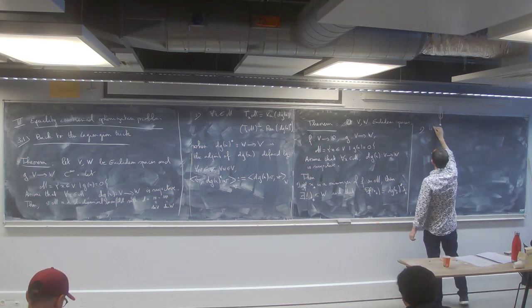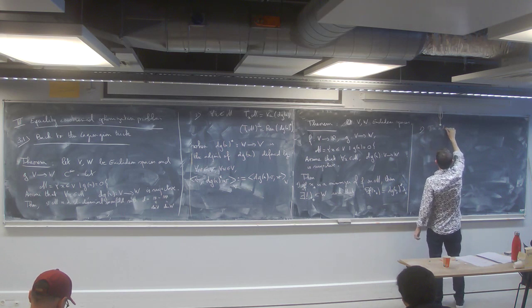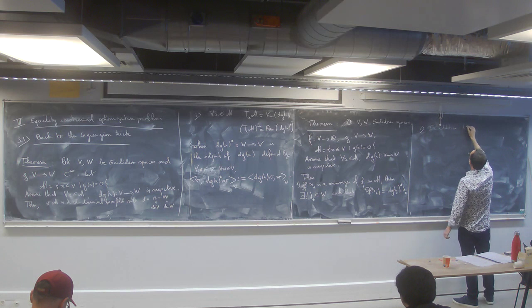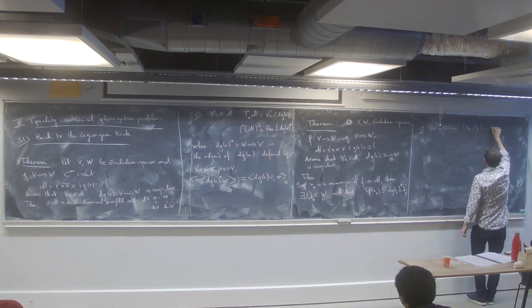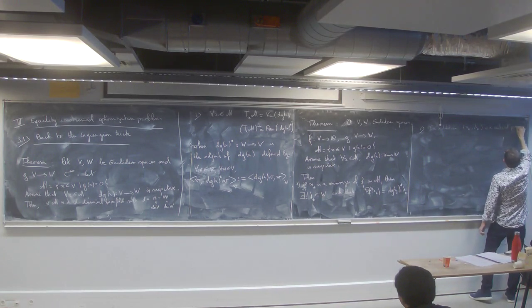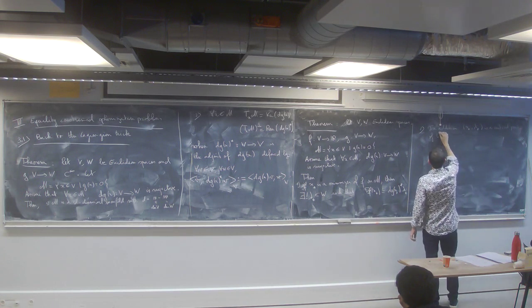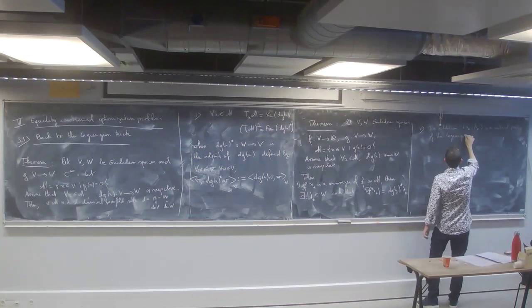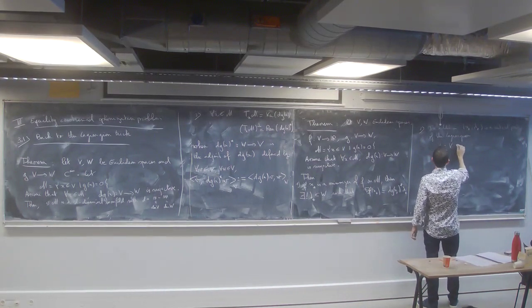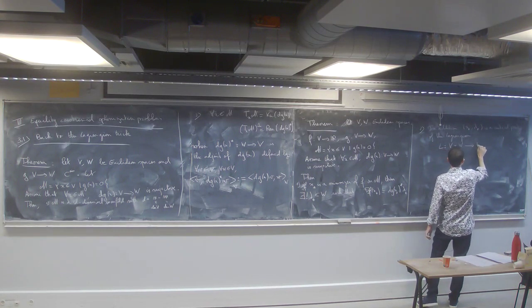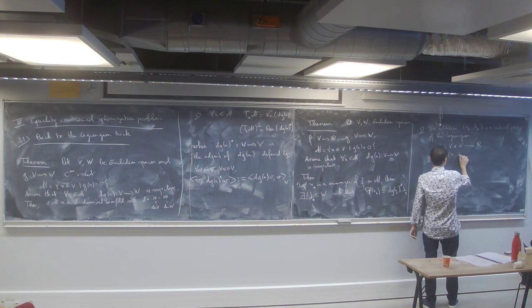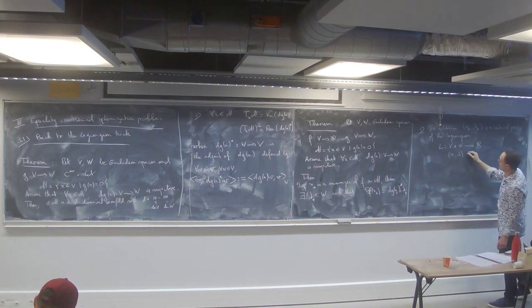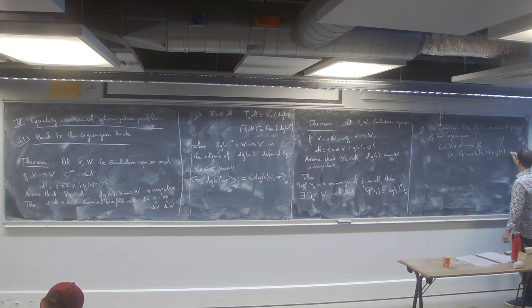In addition, X star, lambda star is a critical point of the Lagrangian L. So L goes from V times W to R, and associated to some vector X and Lagrange multiplier lambda, L of X, lambda, which is equal to F of X minus lambda, g of x. And this is the inner product in W.